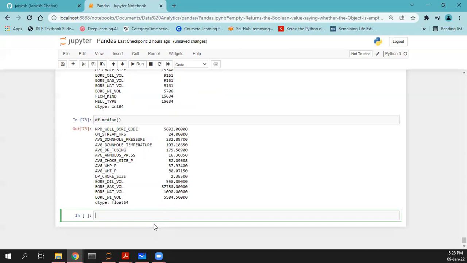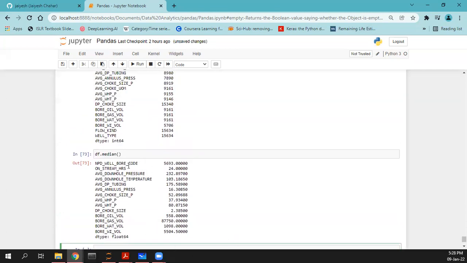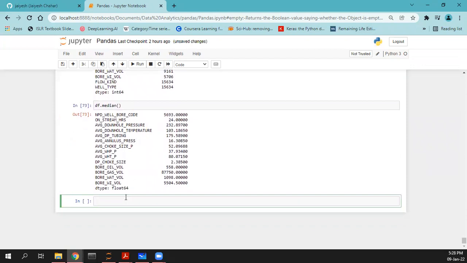But if you take the median of the data, that will not be affected by the outliers. So when outliers are present, you can definitely take the median of the data. Basically, mean and median are used for imputing your null values, and there are certain more applications of these things that we will get to know when we dig deeper into our playlist.